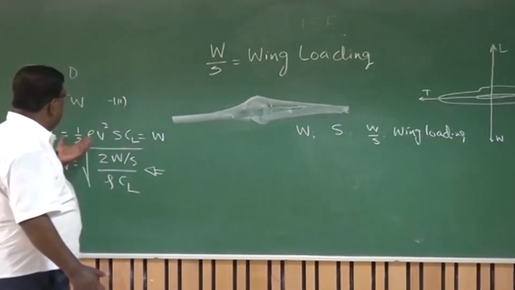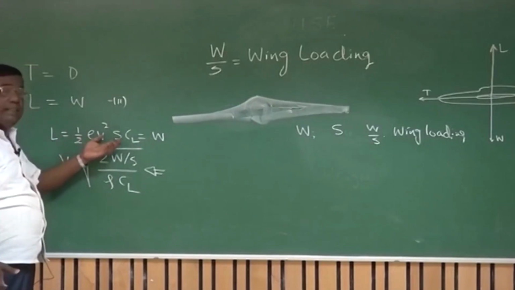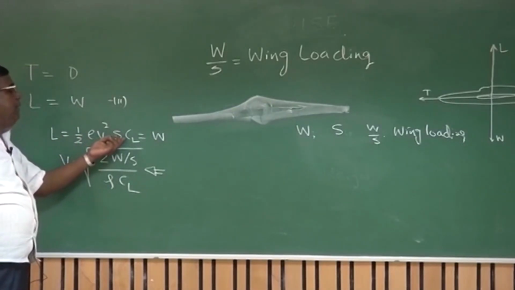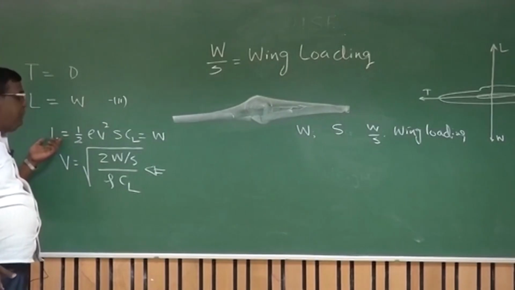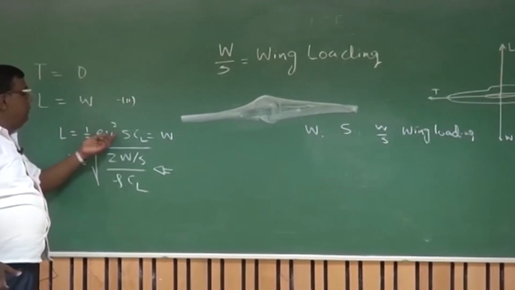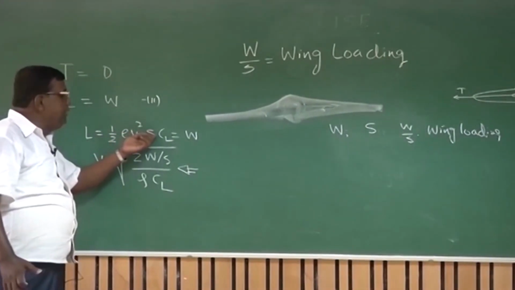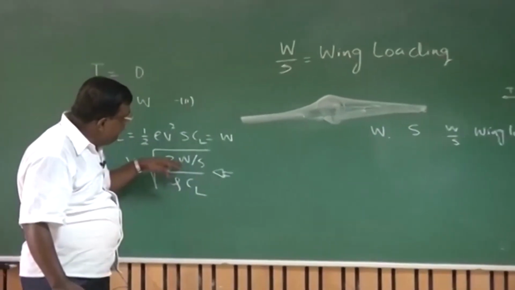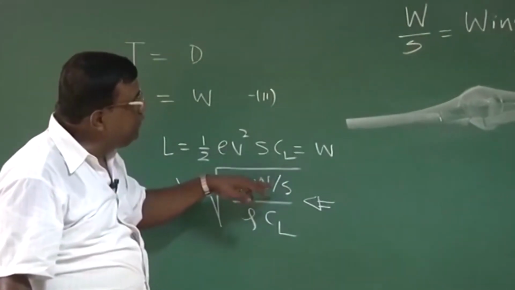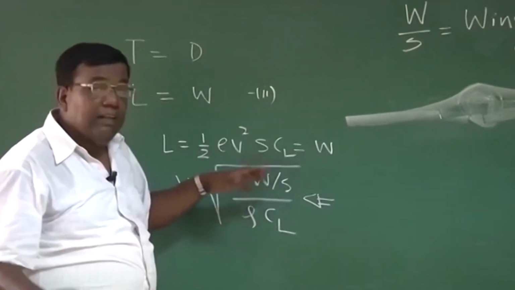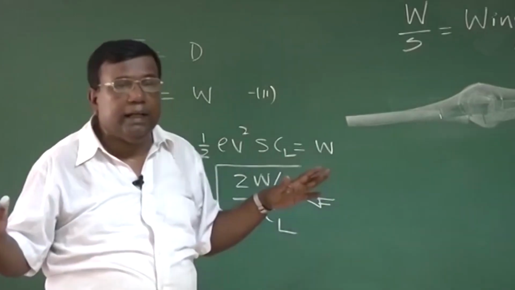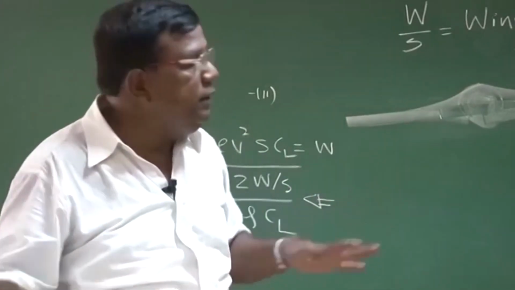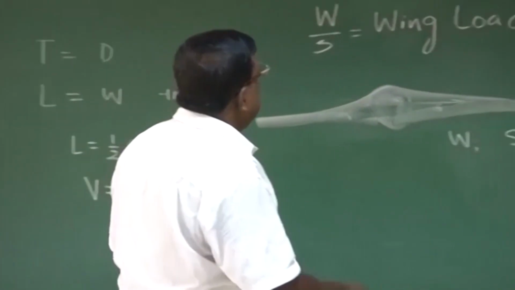You can look at this equation, half rho V square S: more area means I will be able to produce more lift for a given velocity. So if I now translate to W by S, which is wing loading, if S is large, it will have more lifting characteristics, it will produce more lift, so the wing loading will be less.